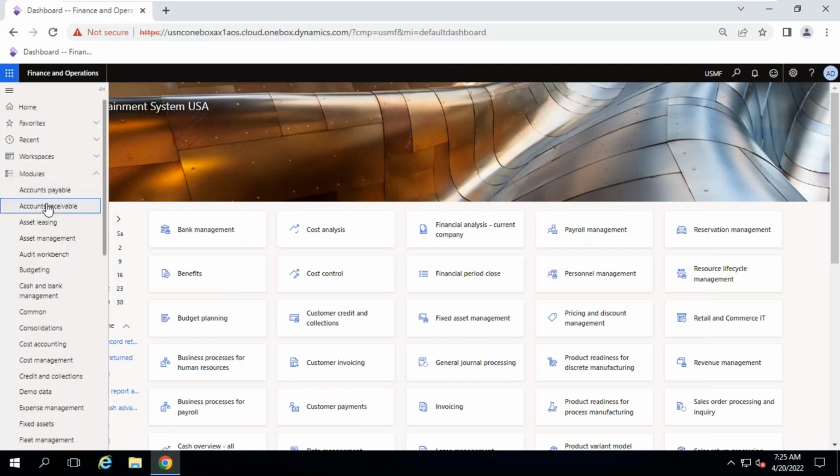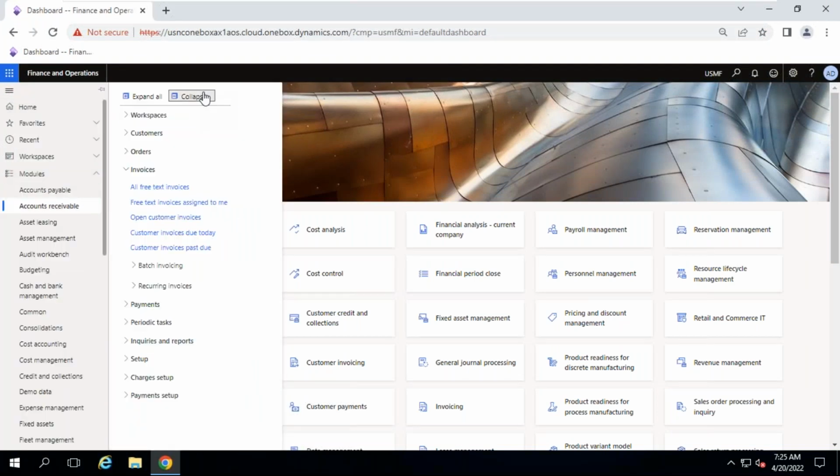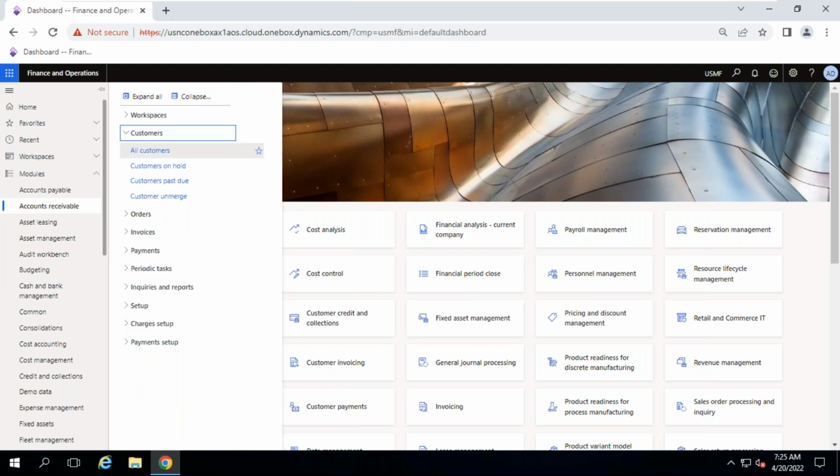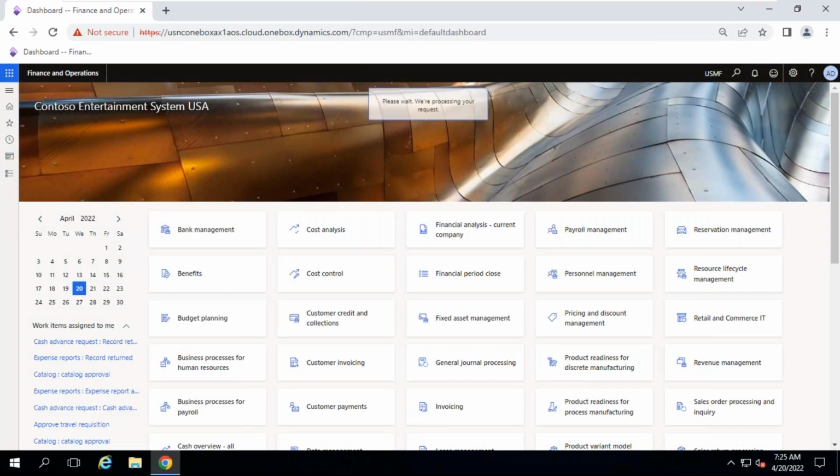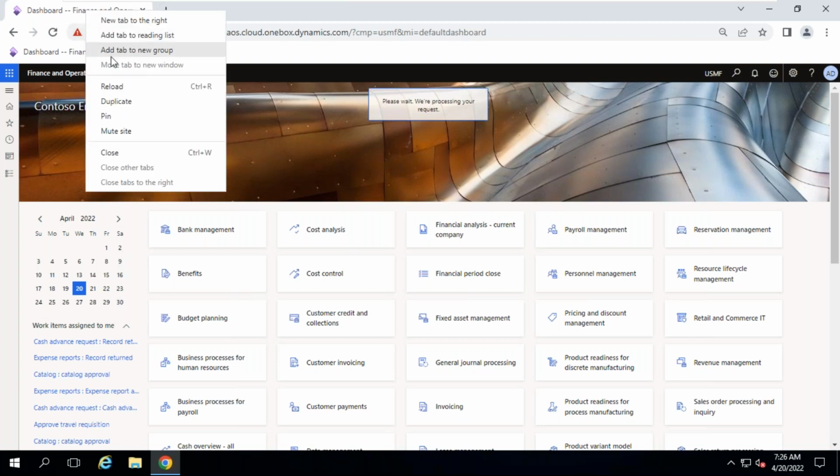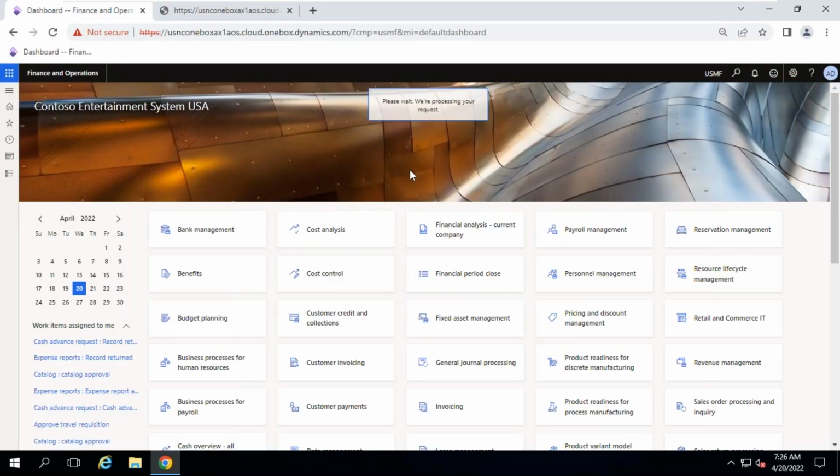Go to the accounts receivable module, collapse all customers. I will create one customer, do an invoice and do the payment so that you can understand what exactly is going on.